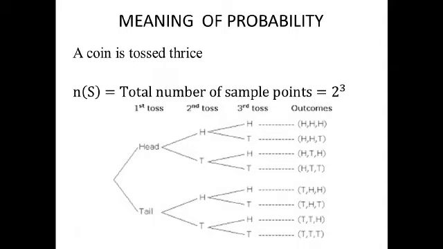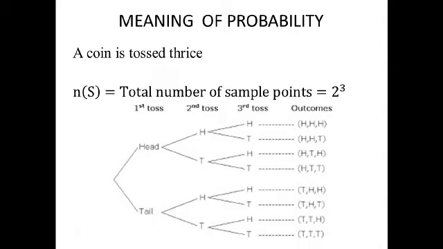But if the second toss is a tail, then the third toss can be either a head or a tail. Likewise, if in the first toss you get a tail, then the second toss can be either a tail or a head. If the second toss is a tail, then the third toss can be either a head or a tail. But if the second toss was a head, then the third toss can be either a head or a tail.